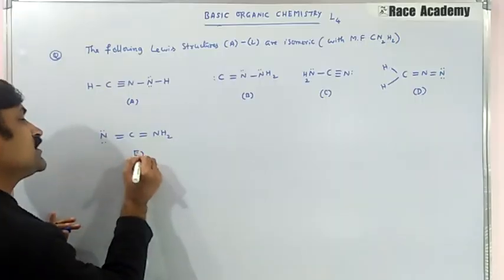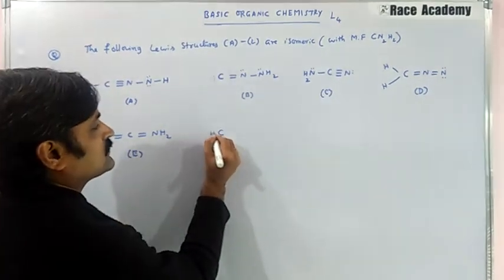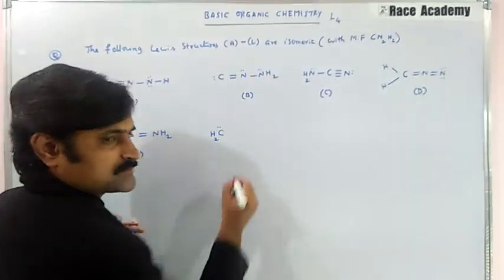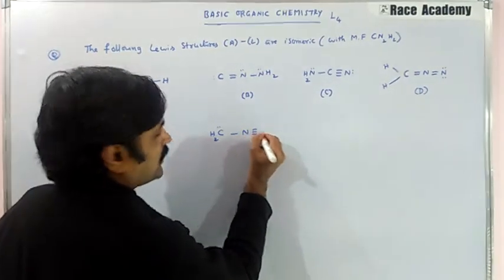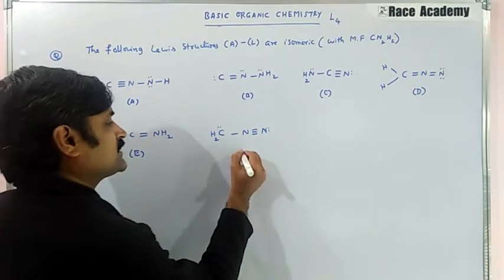This is E. Another one is CH2 with a dot, N triple bond N, with a pair of electrons given here. That is taken as F.